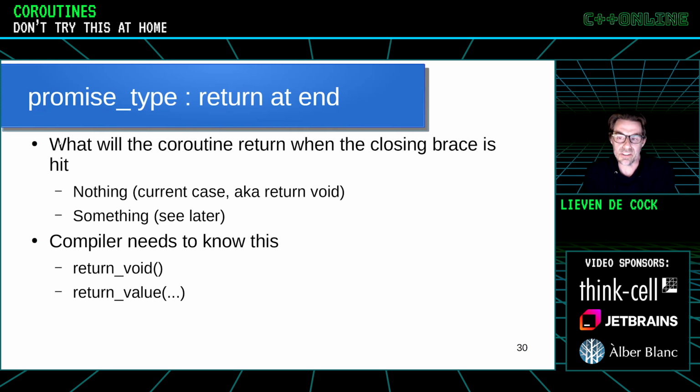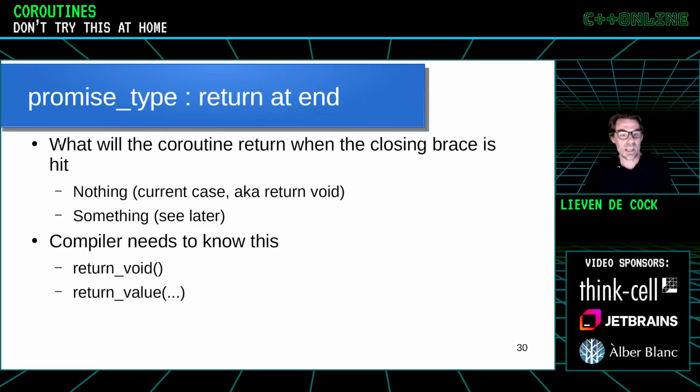If the coroutine hits the closing brace, it's returning something. Either it's returning void or a value. We will see an example of that later on. And that's also something we need to tell the compiler. In the promise type, we either need to tell it, again by implementing a function, we are returning void, or we are returning a value.